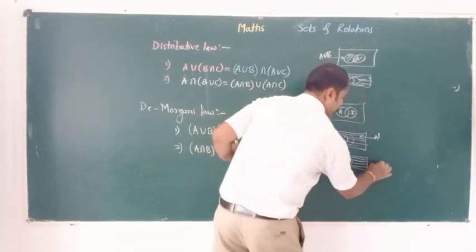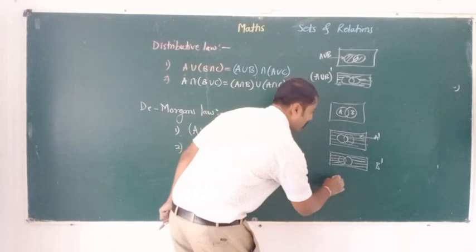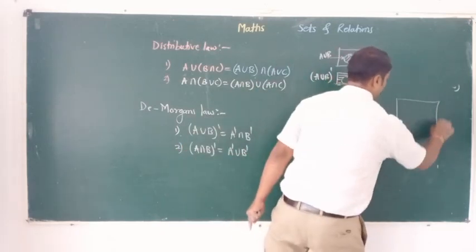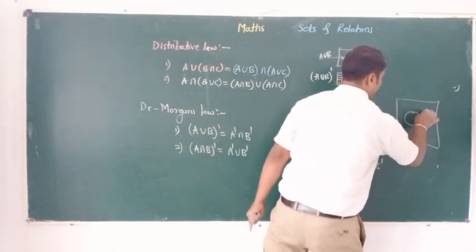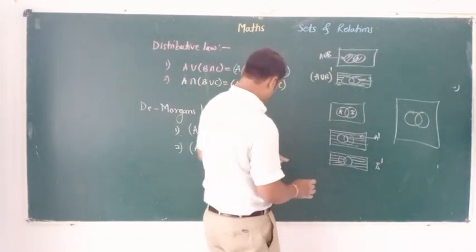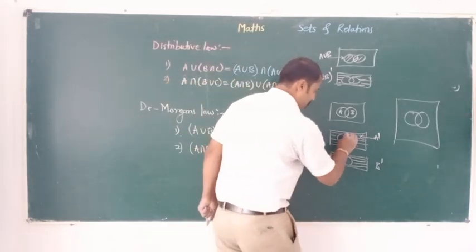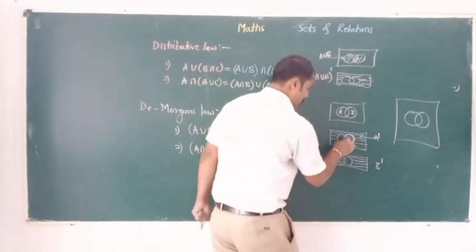If we take the intersection, that is the common portion, then look at it. It's our A, it's our B. The common portion, taking intersection means common portion. Look here.